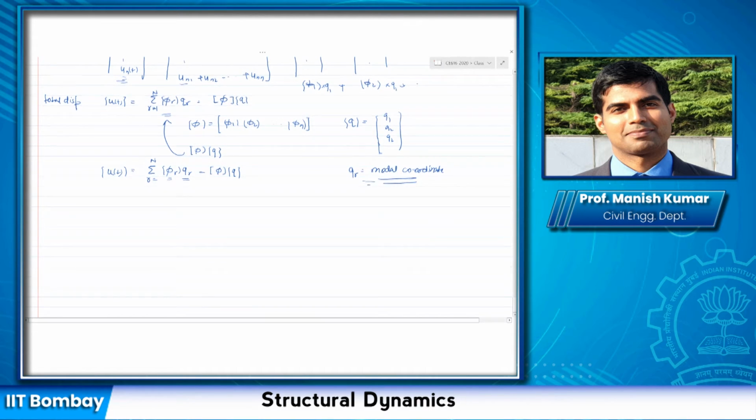Once that is done, I have mode shapes and I have contributions. So if I am given any excitation, I calculate my q_r, multiply with phi_r, and then I can get the total response. Are the steps clear up to this point? Does anybody have any doubt?